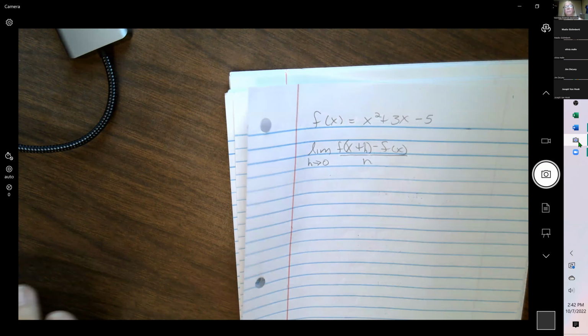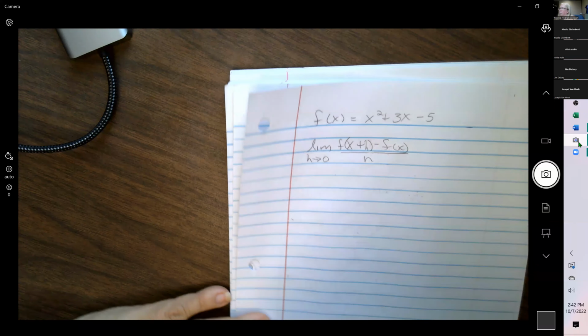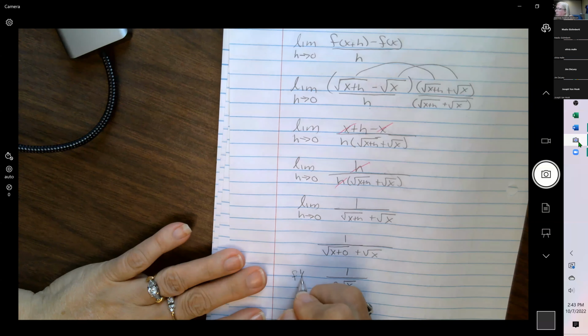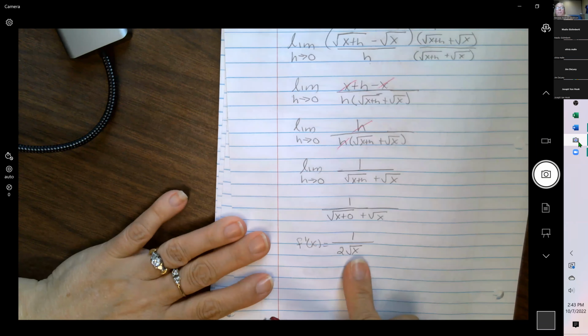For the last problem, was the f prime of x, was it 1/2? Okay, yeah, sorry, I just didn't get to see it. That's okay. Yeah.